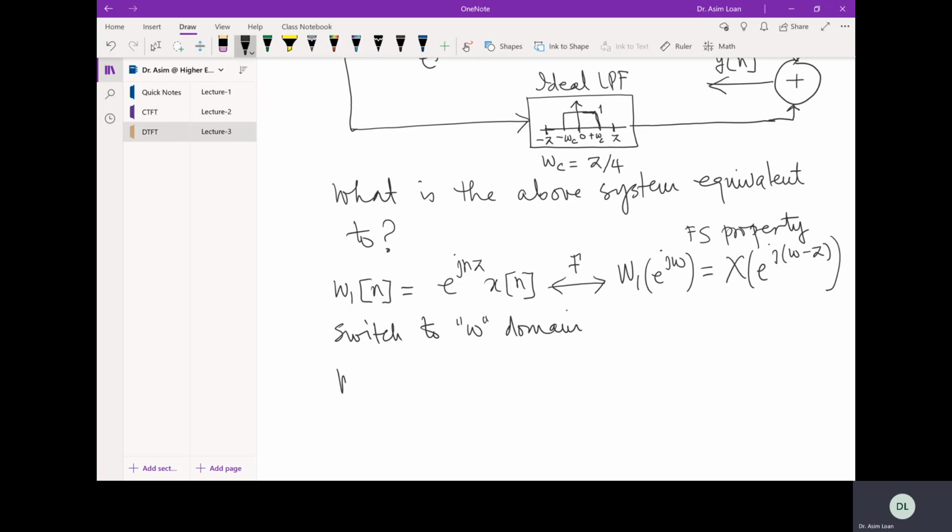So W2 of e^{j omega} is simply W1 of e^{j omega} into e^{j n pi}, that is W1 of e^{j(omega minus pi)}, right?